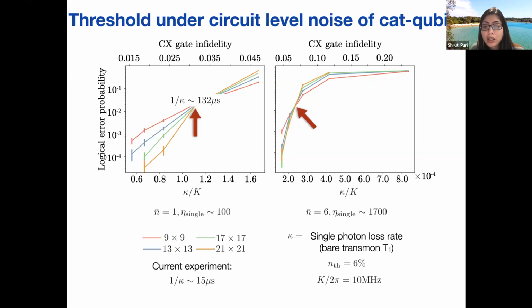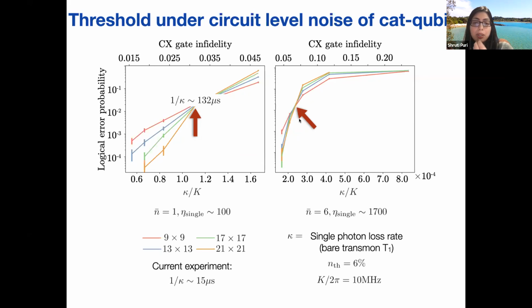Okay, now if you look at the right-hand side, there are 6 photons. Now the threshold is going to change. With 6 photons, you have a bigger bias. I forgot to tell you that the bias actually increases with the number of photons. So here, you get a higher threshold. The system can tolerate more loss.